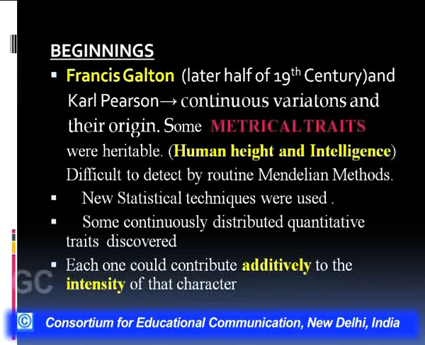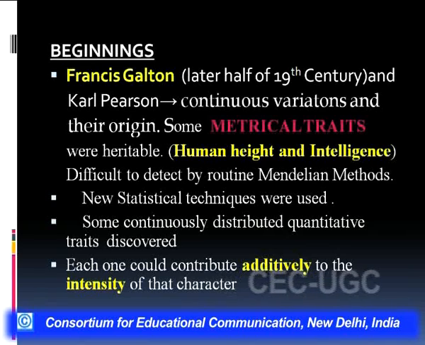Therefore, new statistical techniques were used to find out different types of variance, levels of heritability, the mean values, the variance values, and then it was found that these particular traits were actually quantitative.